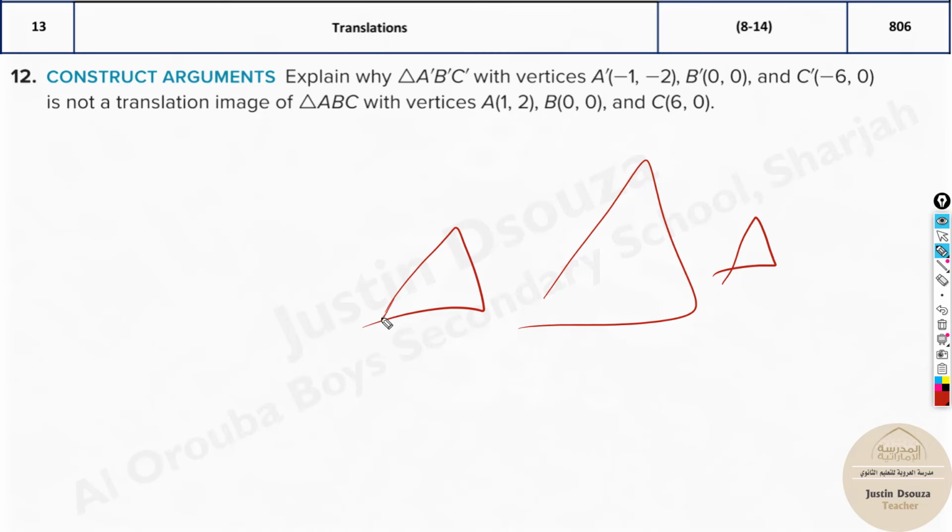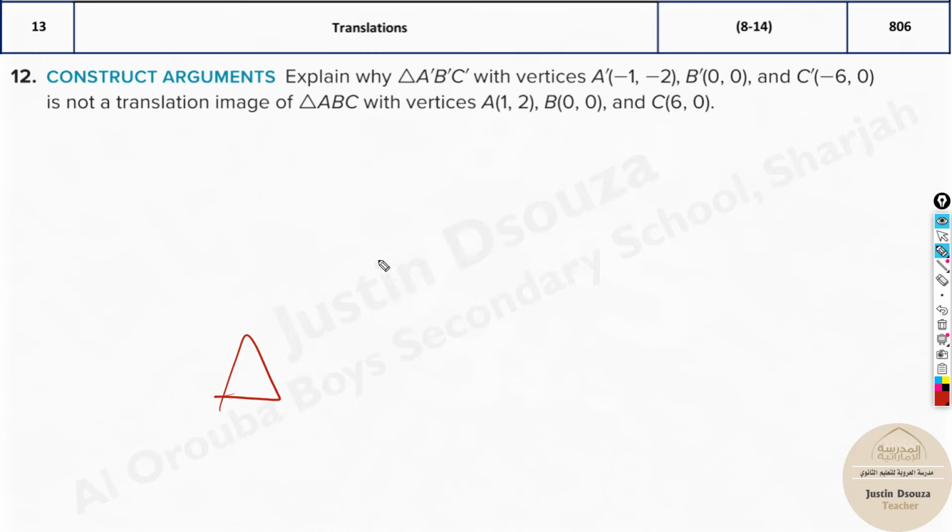It will be the same thing, but it just moves somewhere. So all the points will have the same translation. That's a very bad diagram, but if it's this figure, the same figure will be somewhere over here, and all the points will be translated by the same translation vector. So that's the concept. Now let's find the translation vector.